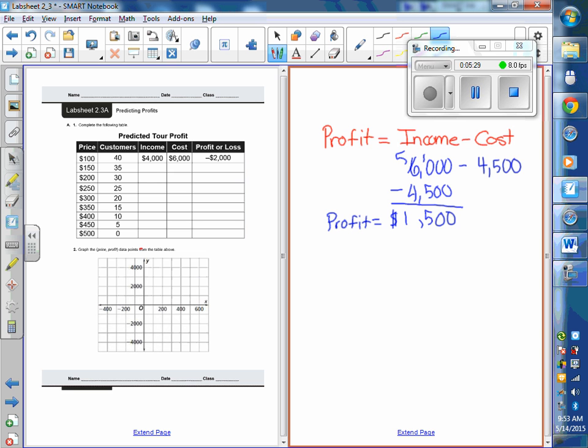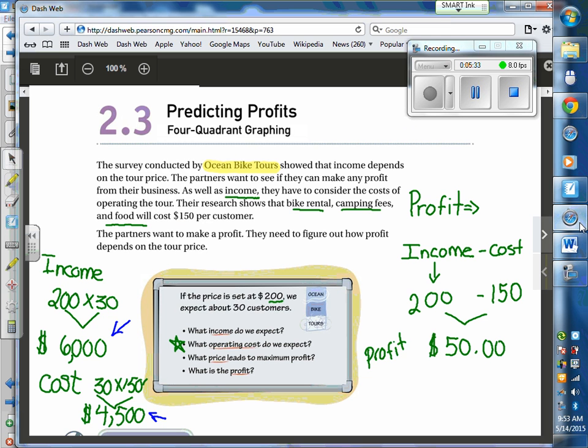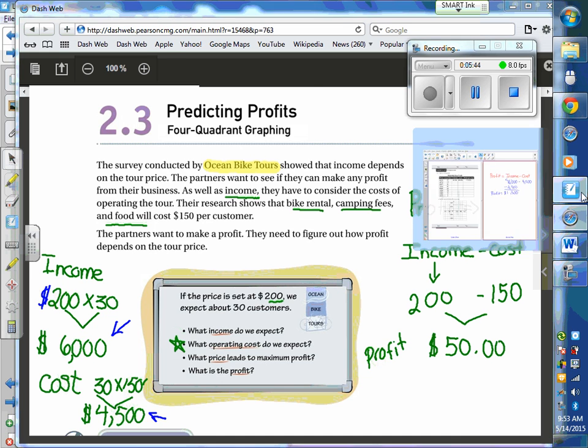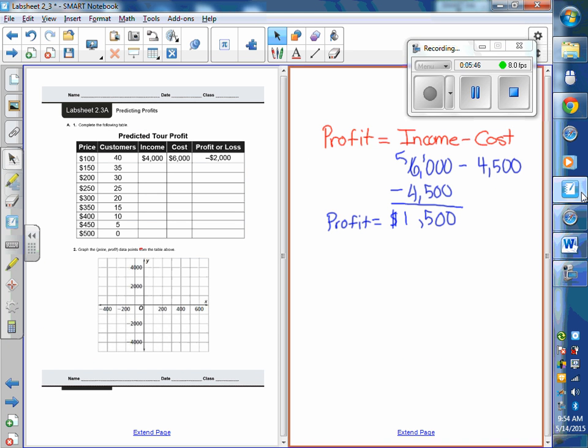That was when we charged, back here, if we charged $200 for 30 people. Okay, so what we're going to do is take that thinking and complete this chart. You can use a calculator to do this.